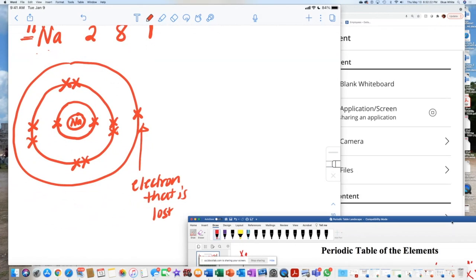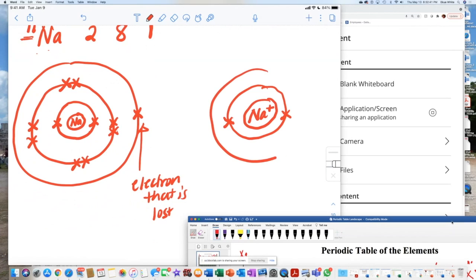Okay. So if the electron is lost, the electron is gone, and so is its energy level. It leaves with that whole ring. So what do we have now? Now we have sodium ion, right? The inner ring still exists with its 2 electrons. The outer ring still exists with its 8 electrons: 1, 2, 3, 4, 5, 6, 7, 8, right?